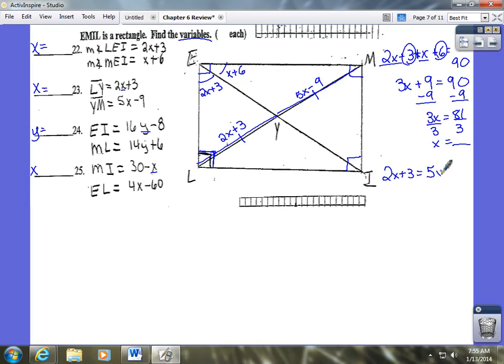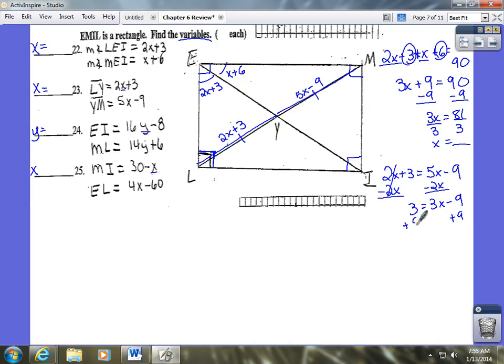I'm going to move, let's see, probably be easier if I move the 2x over here first. Okay, that gives me 3 equals 3x minus 9. And then I've got to move the 9 over, so I'm going to add 9. Add 9. And that cancels that.